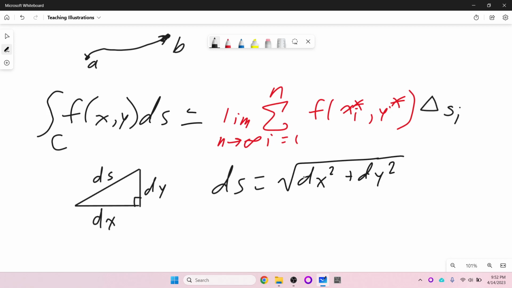Now that looks kind of ugly, but we are assuming these are all in fact functions of some parameter t. We have x of t, we have y of t, and then we would have s of t.